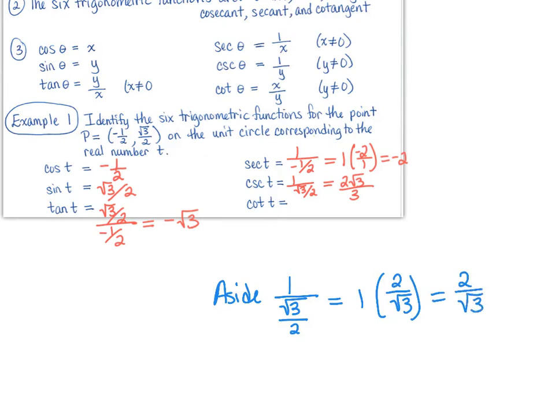But because you have a radical in the denominator, you want to rationalize. So you multiply by 1 in the form of the square root of 3 over the square root of 3. That's going to be equal to 2 square root of 3 divided by square root of 3 squared, which is just 3. So that's how we got this.